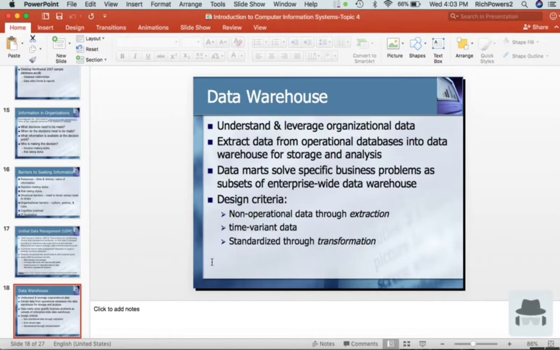The idea is you gather all this information together and structure it in such a way that you can extract it, get information, and identify things.